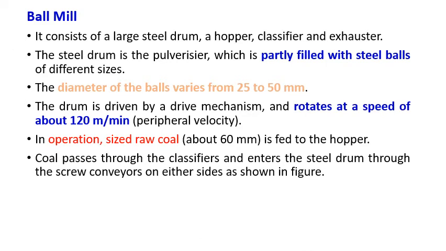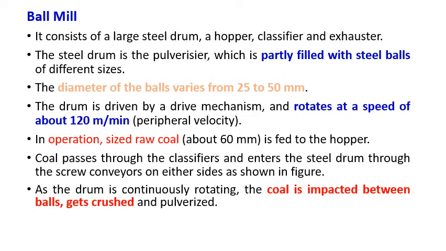The coal passes to the classifier and enters the steel drum through the screw conveyor on either side, as we have seen in the earlier figure. As the drum continuously rotates, coal is impacted between the balls and gets crushed and pulverized.